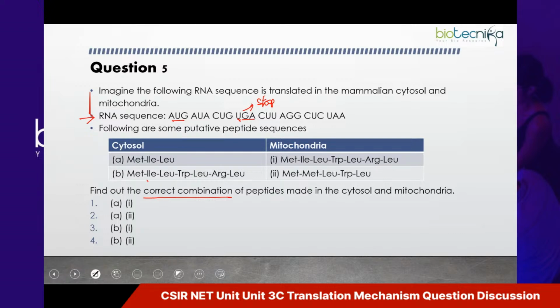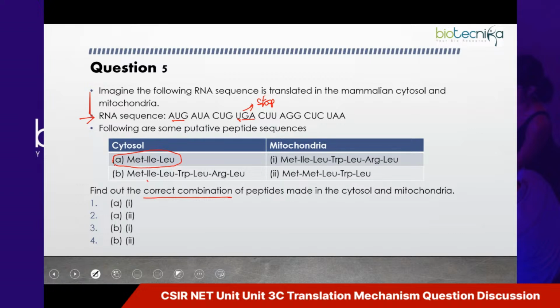So when this RNA is translated in cytosol, the polypeptide chain will be only 3 amino acids long. So only option A in cytosol has the 3 amino acids.